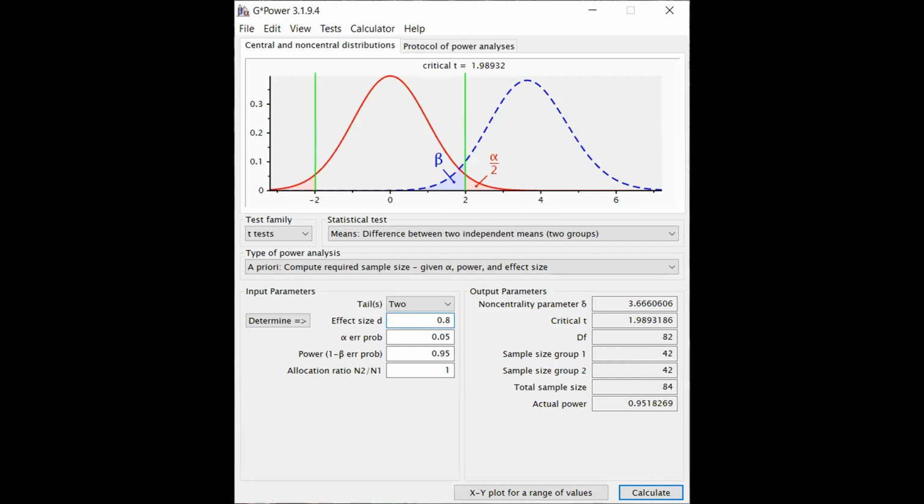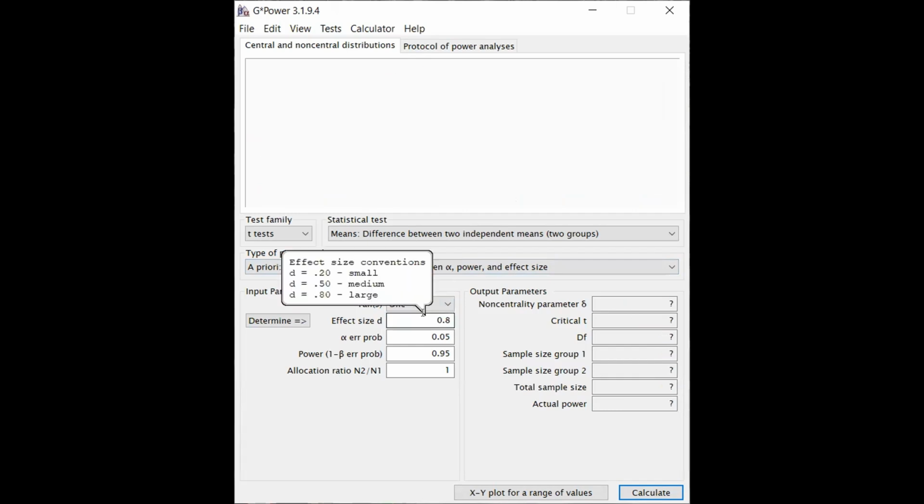Now look what happens if I change my test from a two-tailed test. So with an effect size of 0.8 and a power of 0.95, it's a sample size of 84. Look what happens if I'm only going to look one direction. One direction, one-tailed test.